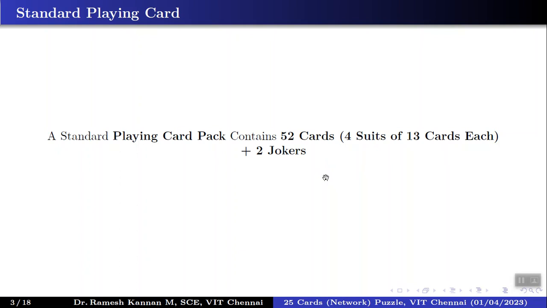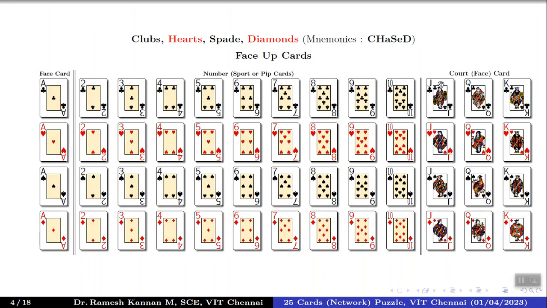As all of you know, a standard playing card deck consists of 52 cards, in 4 suits: clubs, hearts, spades, and diamonds, each consisting of 13 cards, plus the 2 jokers. Here we have the 52 standard playing cards.